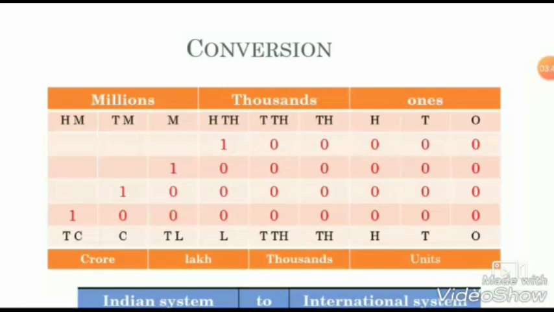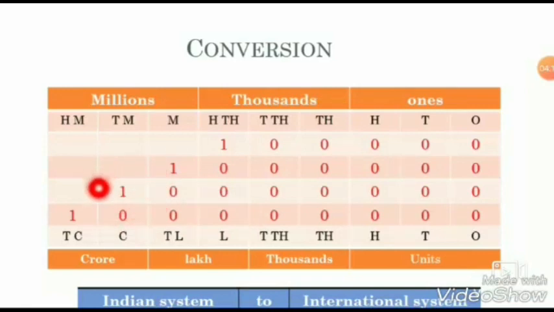So we can see here, if we write 100,000 in the international system, how will it read in the Indian system? It is nothing but 1 lakh. Now if I write 1 million in the international system, then it is nothing but 10 lakh in the Indian system.